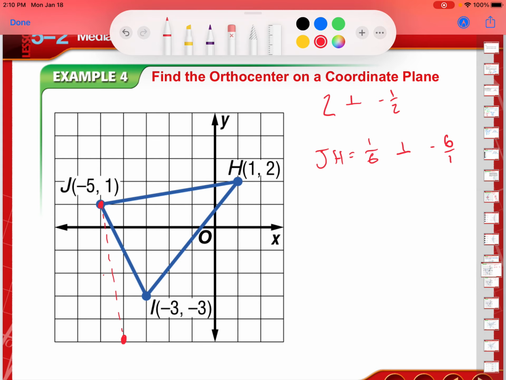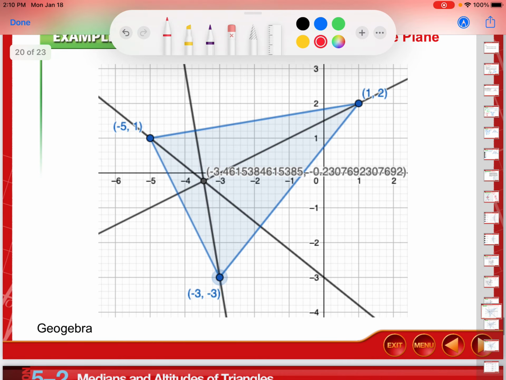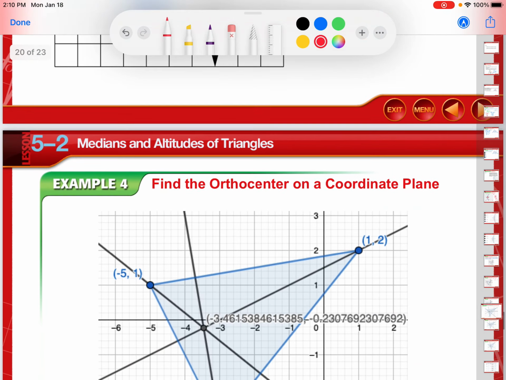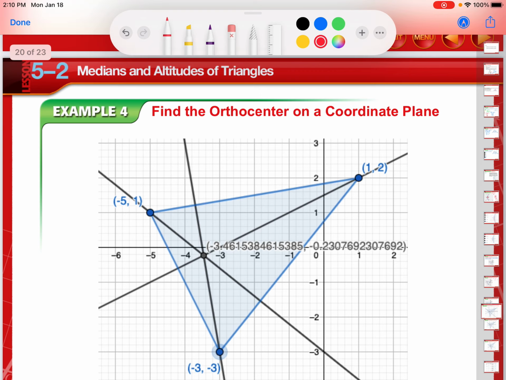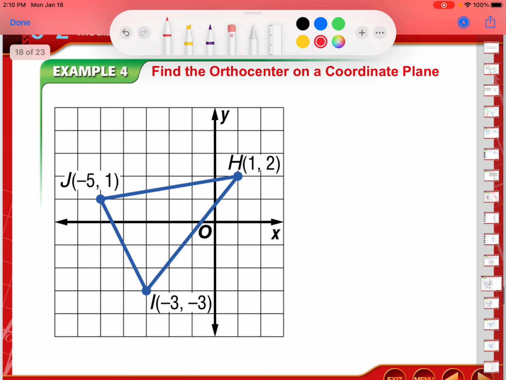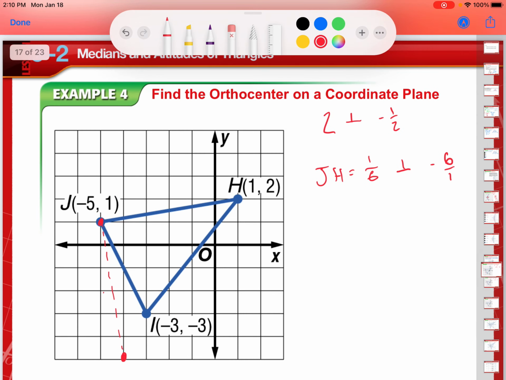Yeah, because that would be the intersection. I think. I'm so confused. Oh, okay.